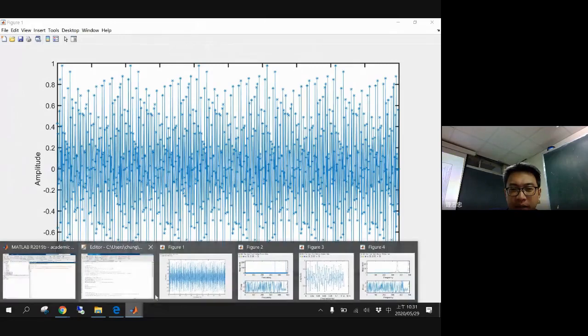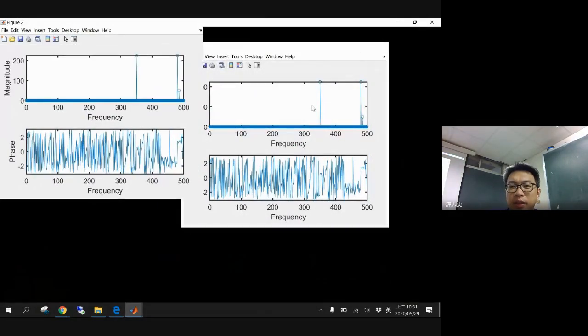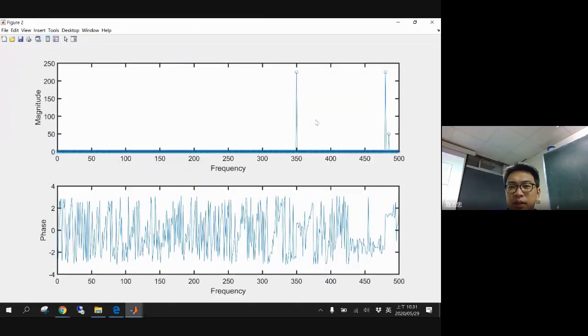Actually, I combined 3 signals here: 350, and maybe 480, and this one is 485. So you need to show the spectrum first.